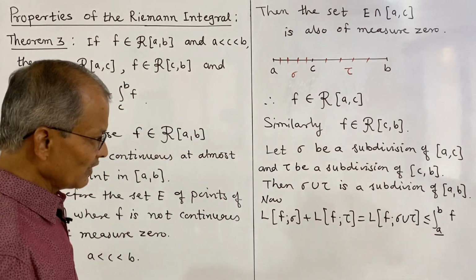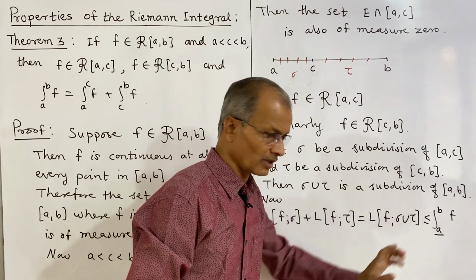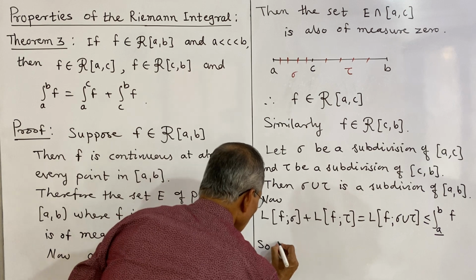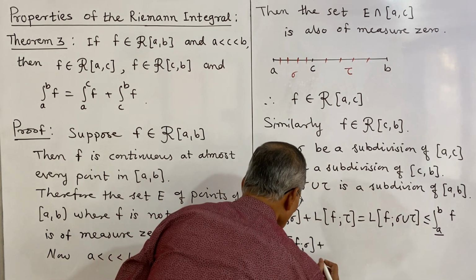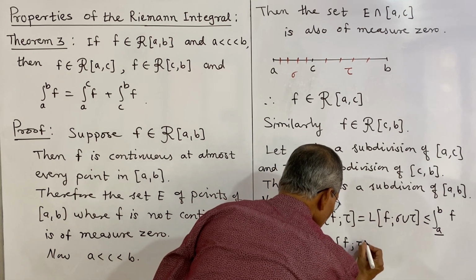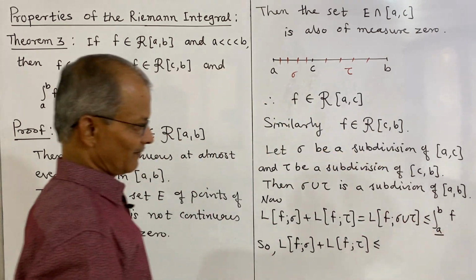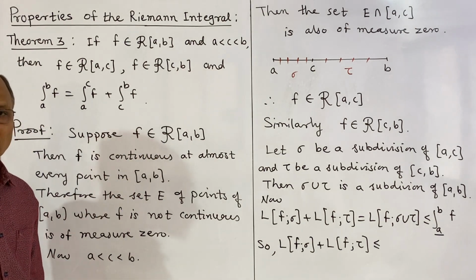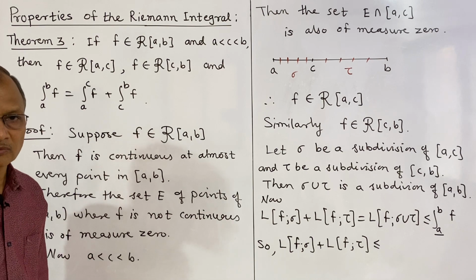Therefore the lower sum of f on sigma plus the lower sum of f on tau is less than or equal to the lower integral. But f is Riemann integrable, and by the definition of a Riemann integrable function, the lower integral is equal to the upper integral, which is equal to the integral.